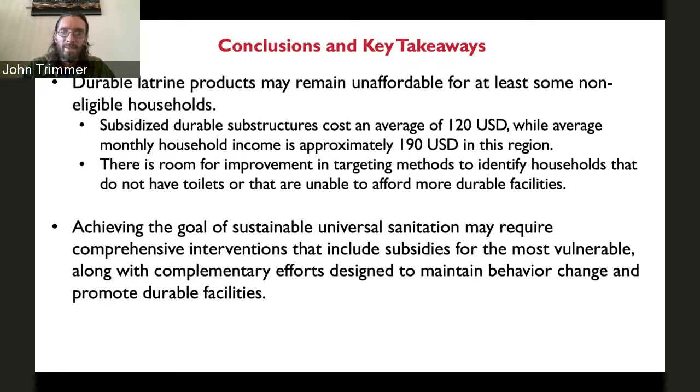Our understanding, based on the data, is that the reason these non-eligible households are also not upgrading has to do with accessibility, affordability, and whether or not they're able to pay the full price for one of these more durable facilities.